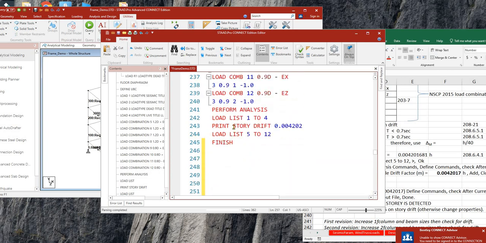Ganito lang yung nangyari, no? So, perform analysis. Okay, load list 1 to 4 and then print story drift.